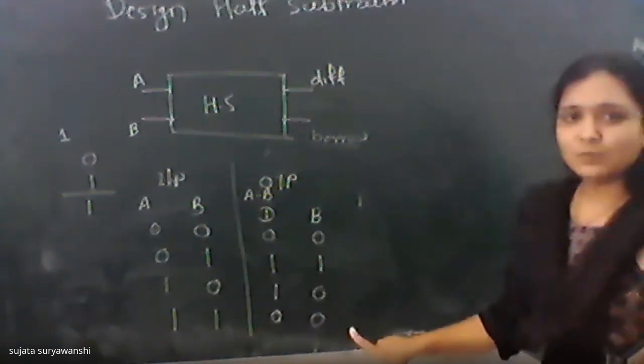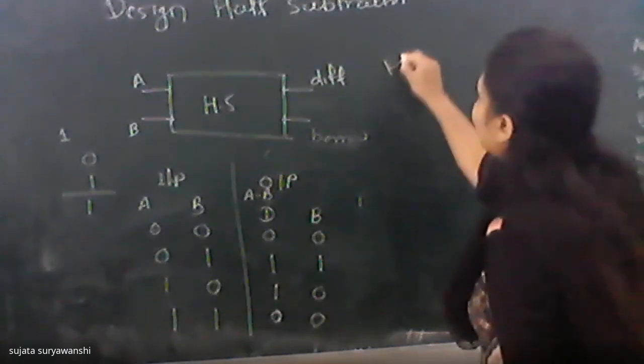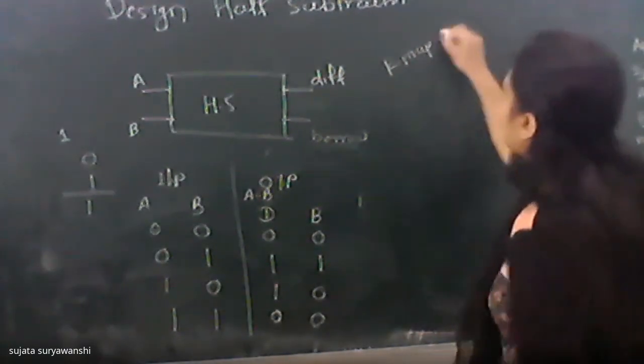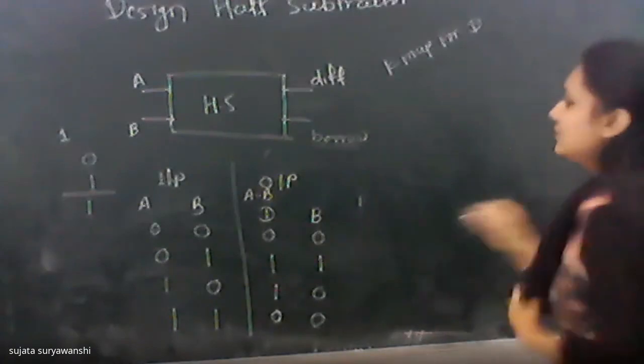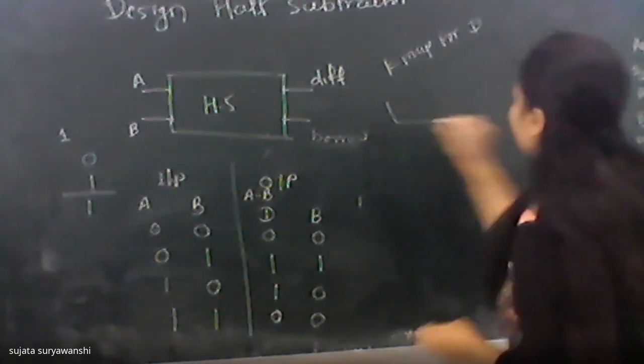Okay, after this you have to write down the K-map for each and every output bit. Okay, output bits are D and B. So write down the first K-map for difference. Here two input bits are there. So you have to use a 2 by 2 K-map here.